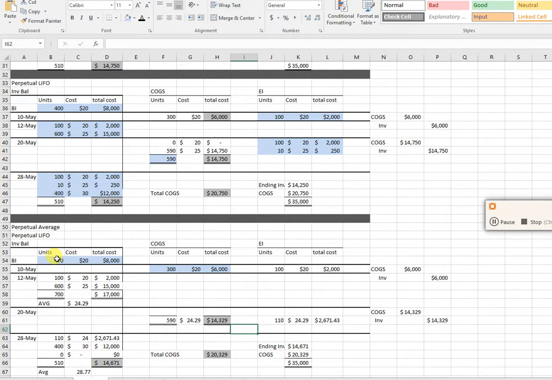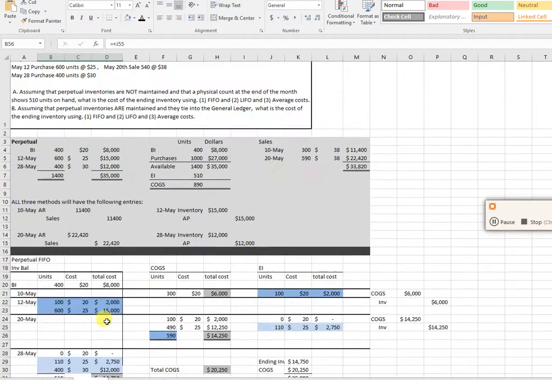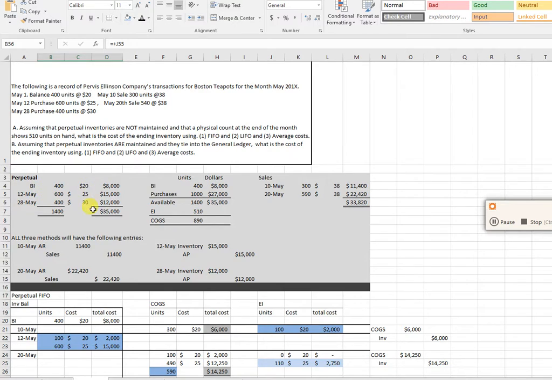So I have 400, I sold 300, I have 100 left. Then I purchased more, so I bring my 100 at 20 down. Notice I'm always redoing all my inventory just to keep a running total. Some people try to take shortcuts. Just be good at it before you take a shortcut.